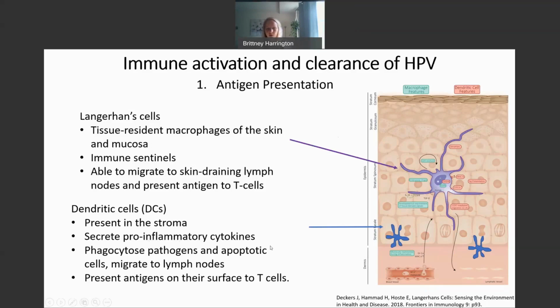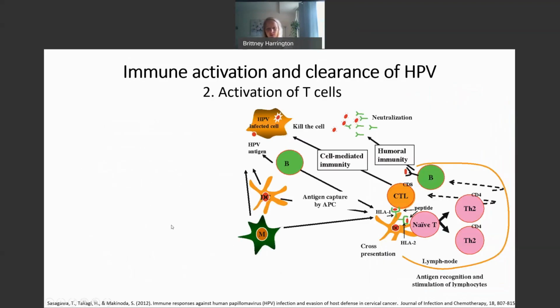They can also phagocytose pathogens and present antigen to T cells in the lymph nodes. So once antigen is detected by these immune sentinels, these antigen presenting cells, APCs, present their antigen to T cells within the lymph node that are labeled naive T cells. They're just inactive T cells.